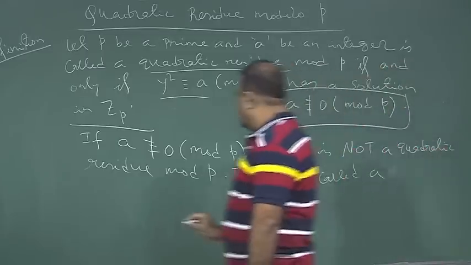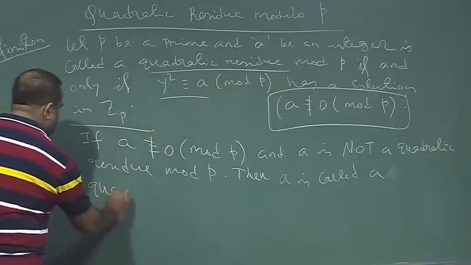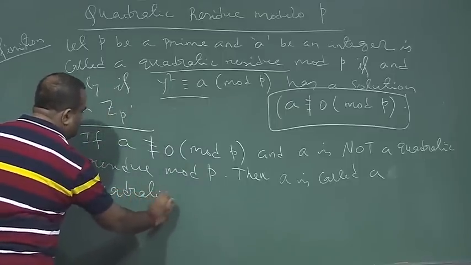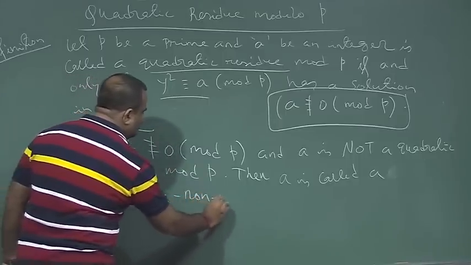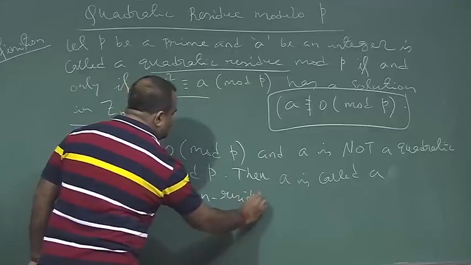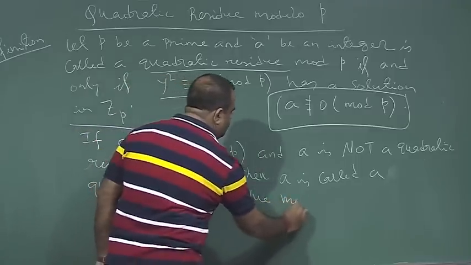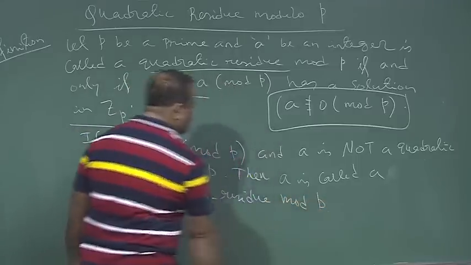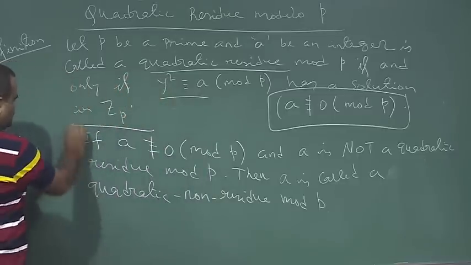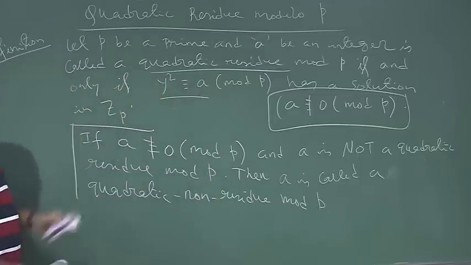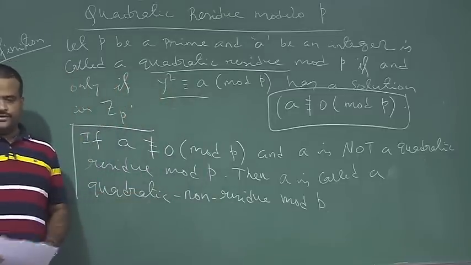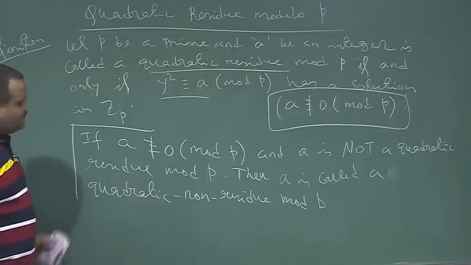So if a is not a quadratic residue, then we call a a quadratic non-residue. Okay, we will take some example.